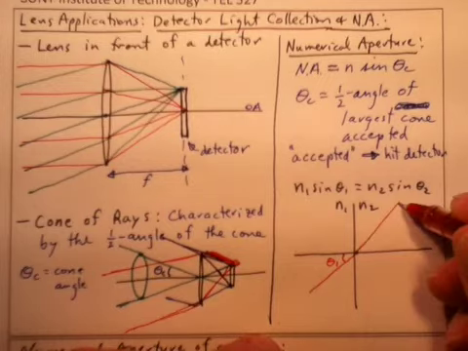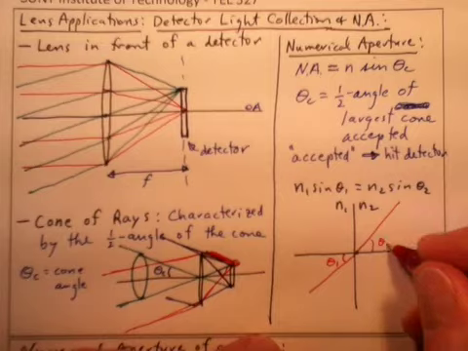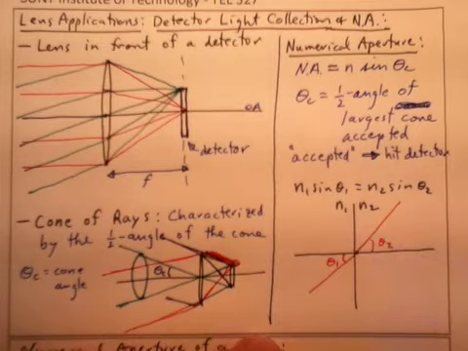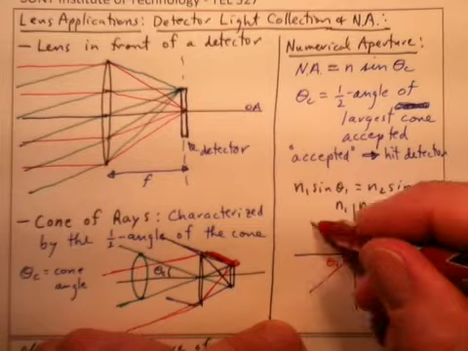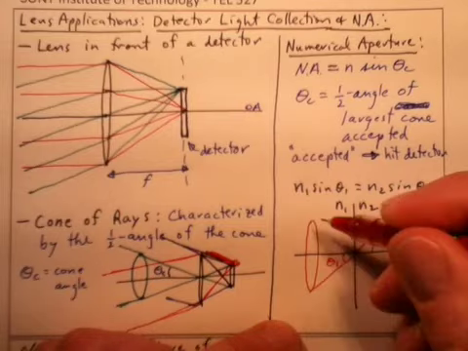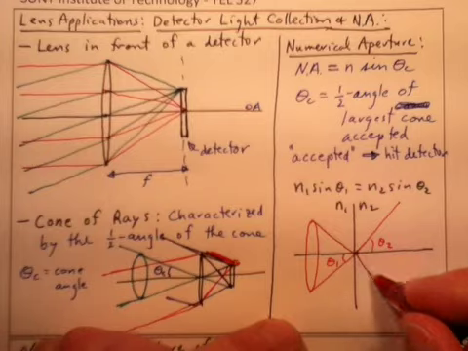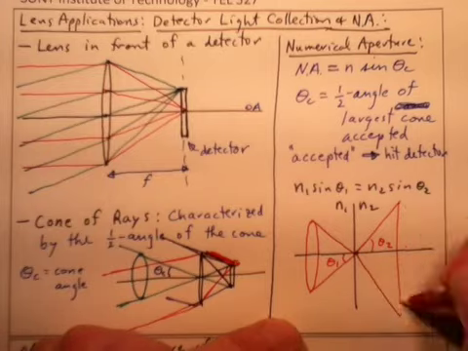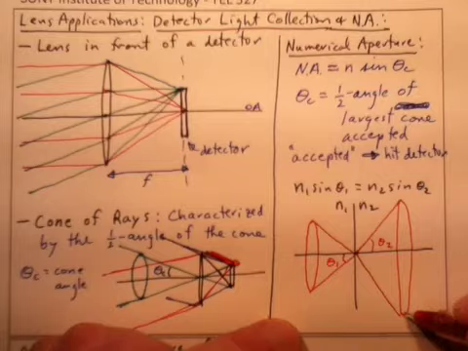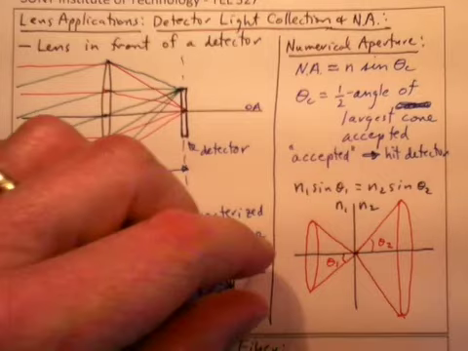So the ray will have a theta 2 larger than theta 1. And you can think of this ray as characterizing a cone coming in at theta 1 and then going out at theta 2. Okay, so we can think of this as characterizing cones.